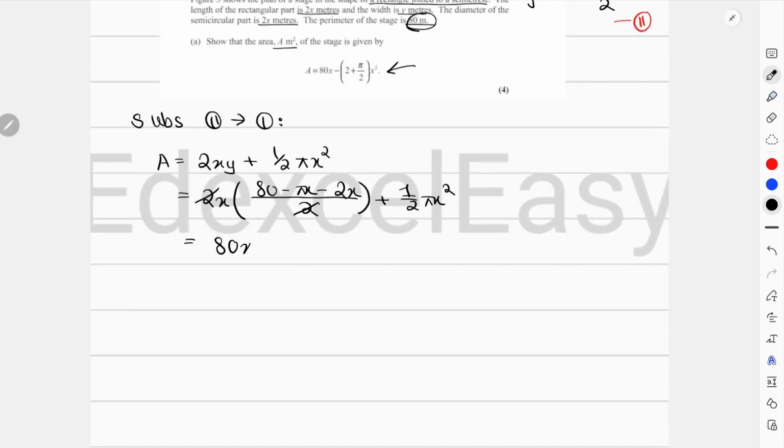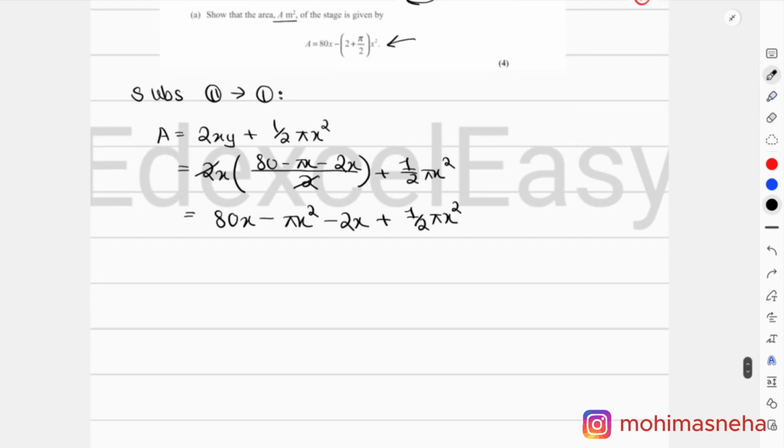So now you have 80x minus pi x square minus 2x plus half pi x square, which again can be added together. Minus pi x square plus half pi x square gives you minus half pi x square. So it's going to be 80x minus half pi x square minus 2x square.